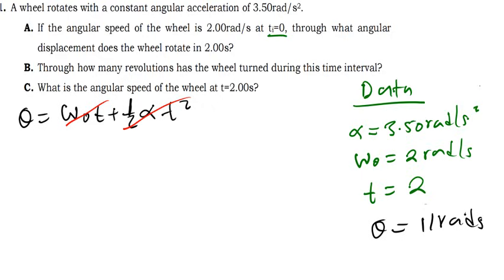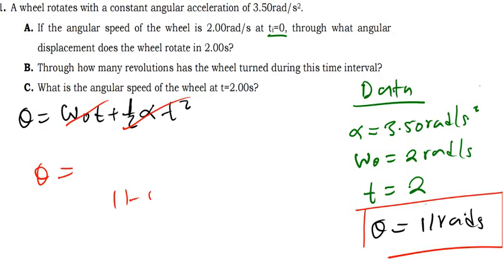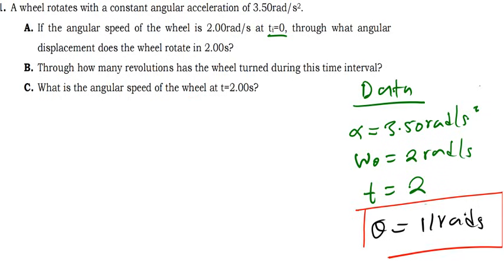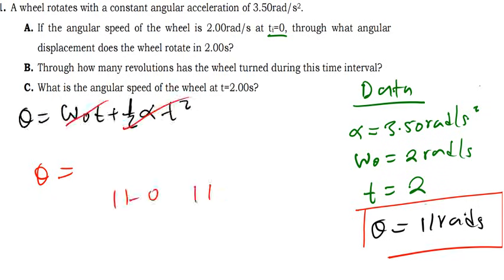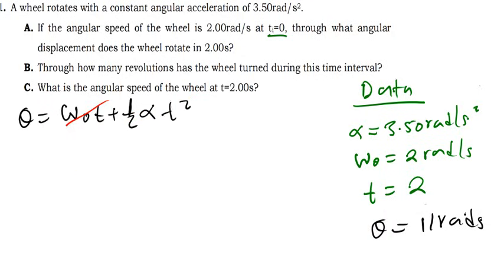Then the second one, when time is now 2, I plug in again, and that's the time where I'm going to get 11. So it's 11 minus 0, it still is 11. You have seen, right?